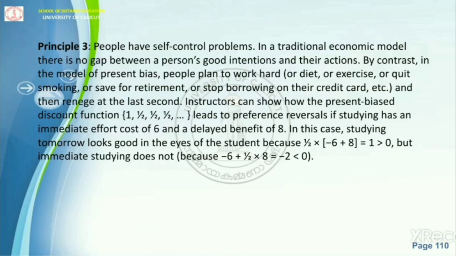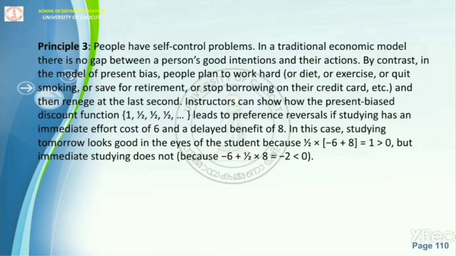Instructors can show how the present bias discount function, that is 1 or 1.5, etc., leads to preference reversal if studying has an immediate effort cost of 6 and a delayed benefit of 8.